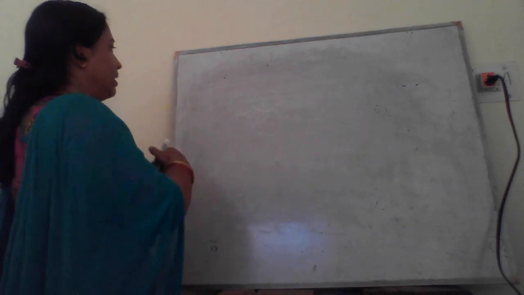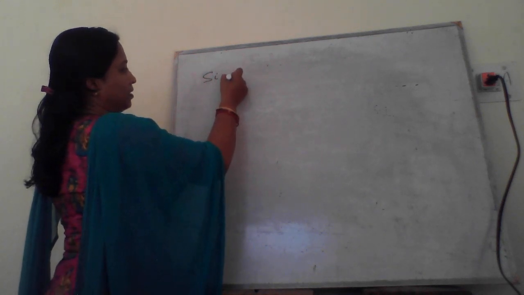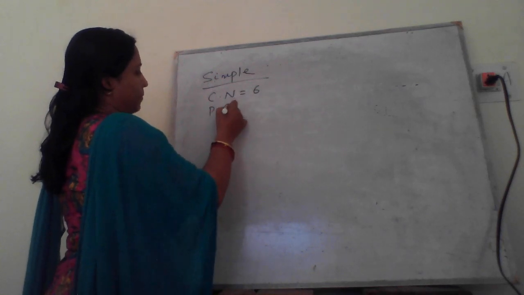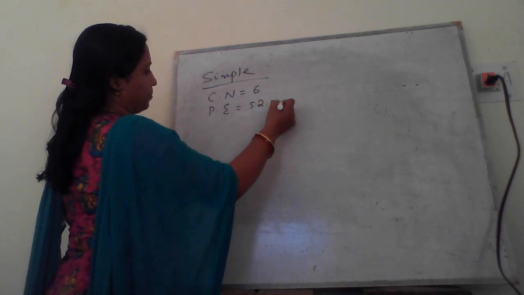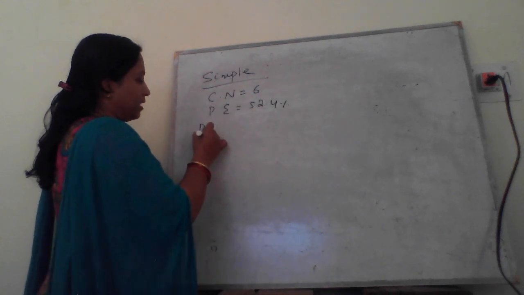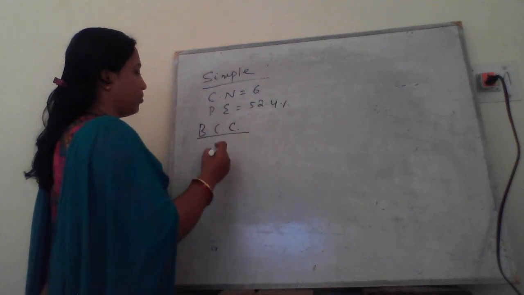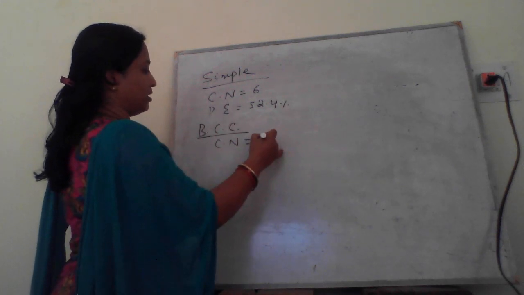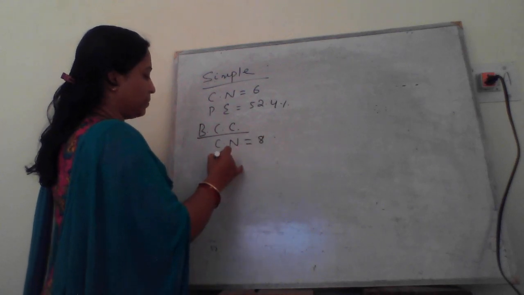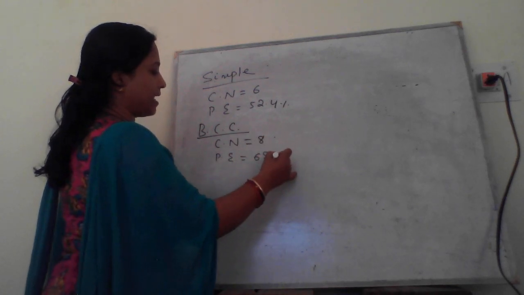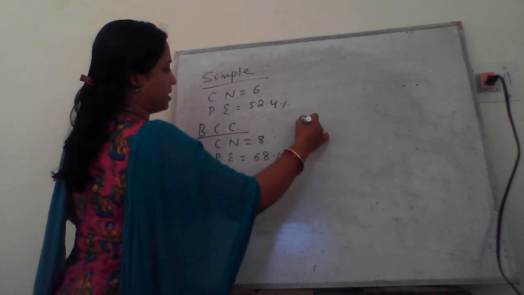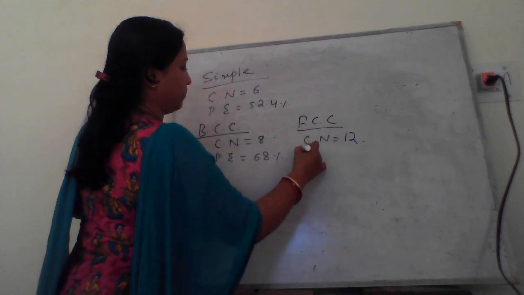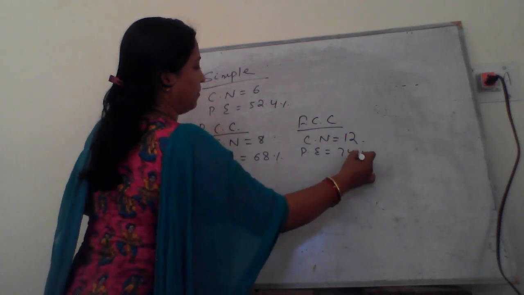So in total, in simple cubic the coordination number is 6, packing efficiency is 52.4%. In BCC, body centered cubic structure, the coordination number is 8 with packing efficiency 68%, and in FCC the coordination number is 12 with packing efficiency 74%.